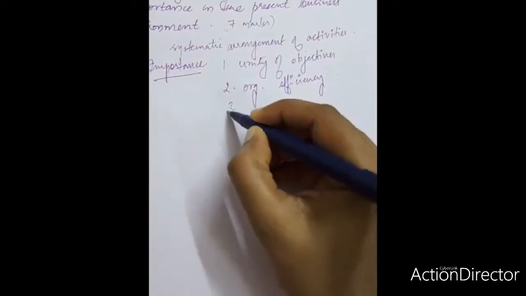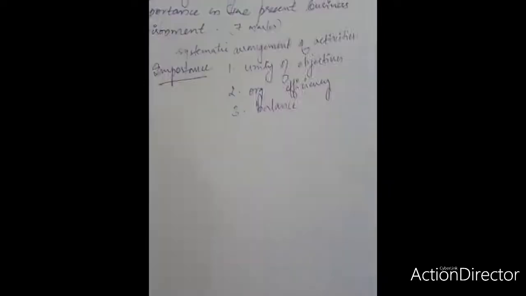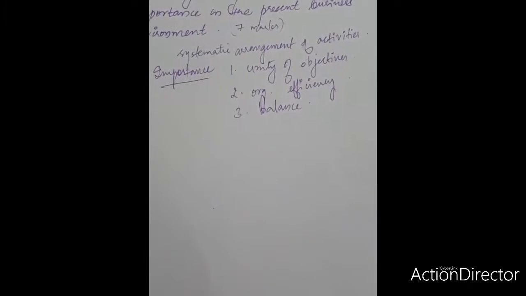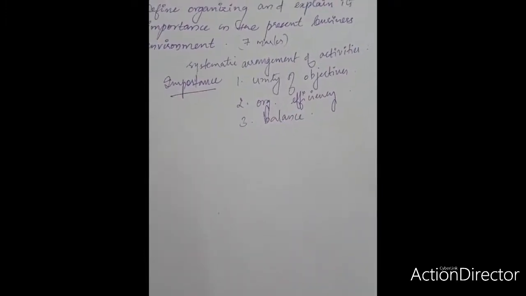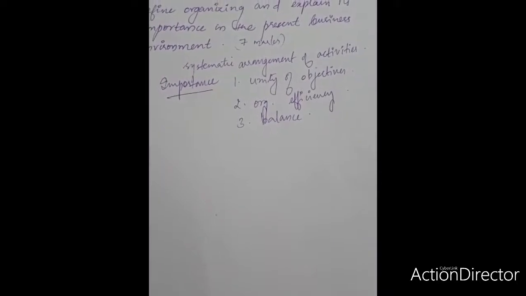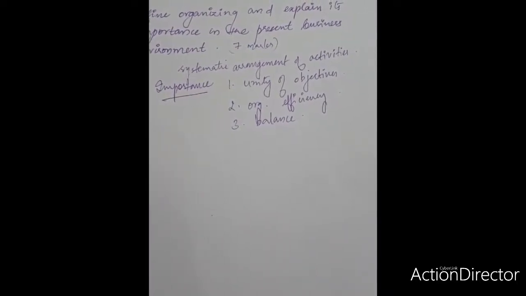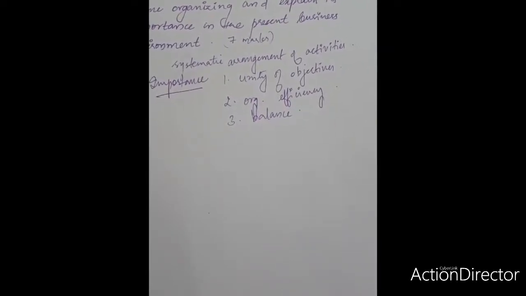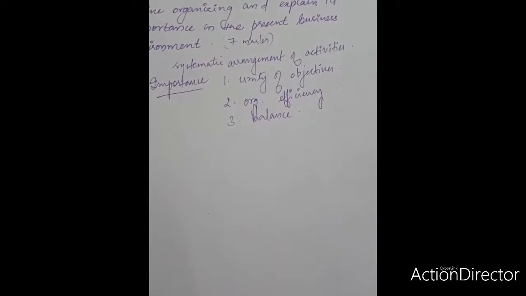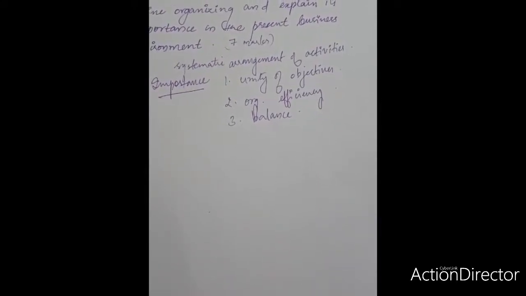Third one is balance. Balance means different departments and activities of an organization should be given proper weightage in proportion to their contribution to the overall objective. An appropriate mix of centralization and decentralization should be created. Overemphasis and underemphasis should be avoided.